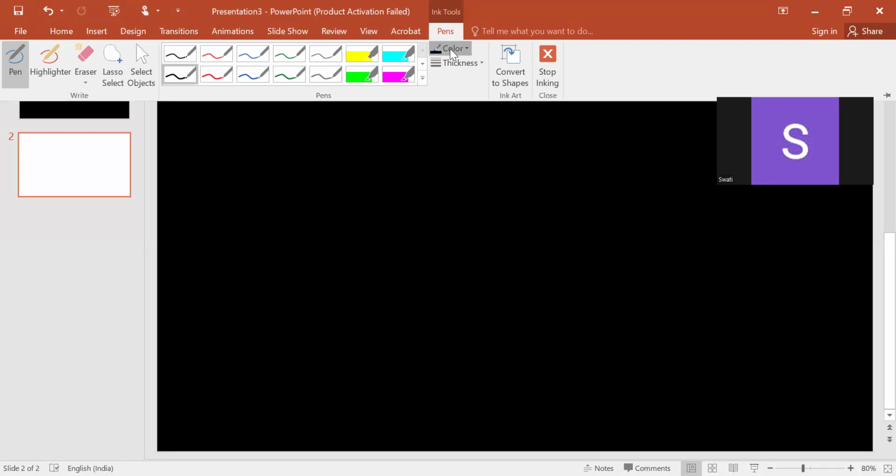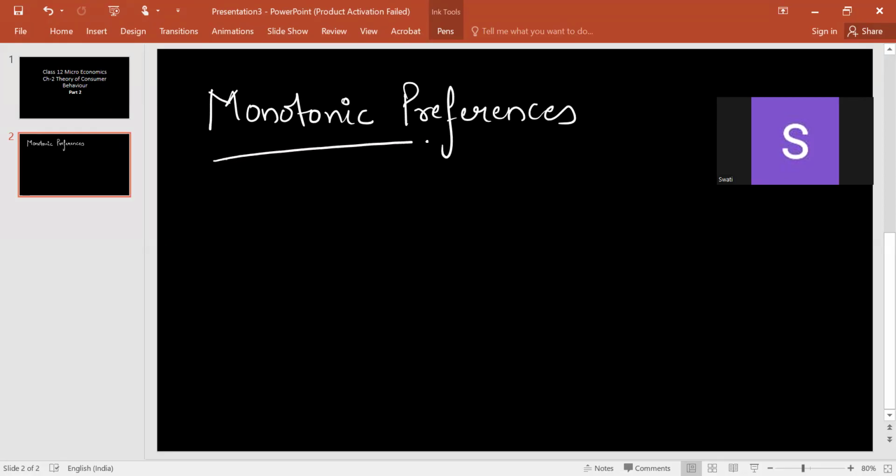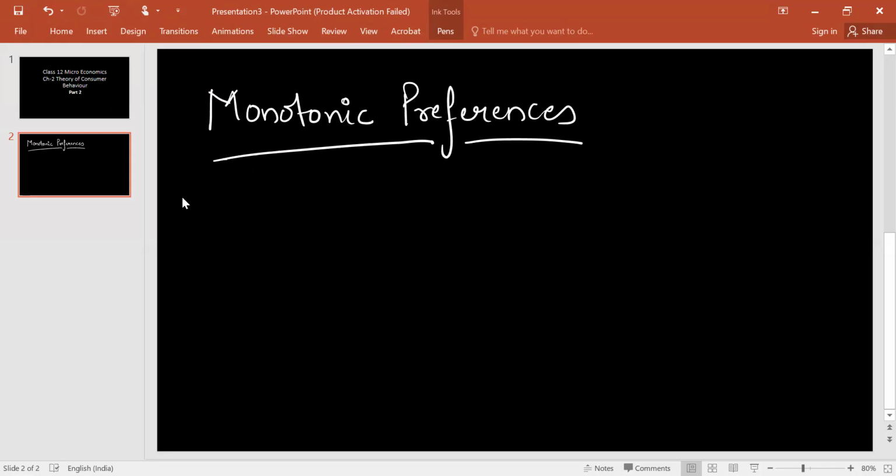Okay, I'll just change the color of it. Now, monotonic preferences. What are monotonic preferences? Basically, if there are two consumption bundles, one consumption bundle which is X1, Y1, and another consumption bundle which is X2, Y2.